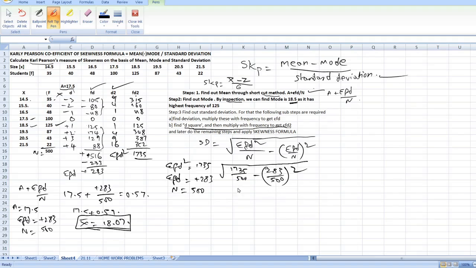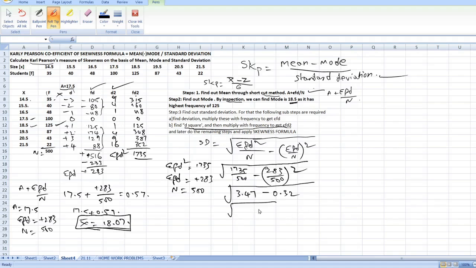When you calculate, you will get 3.47 minus 0.32. Now you have to find the square root.